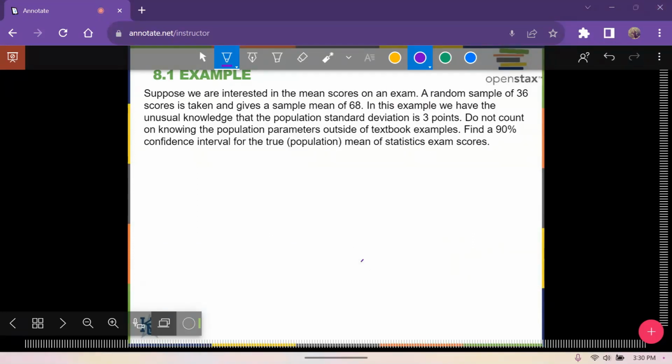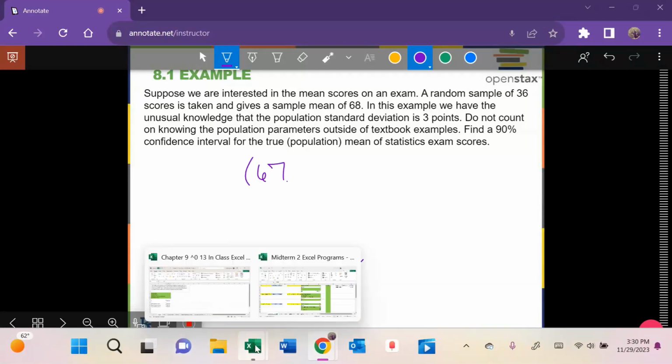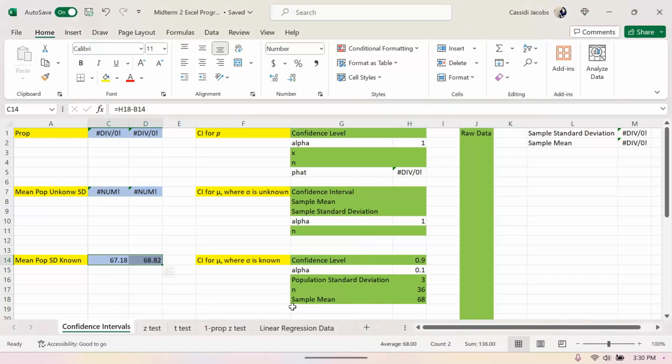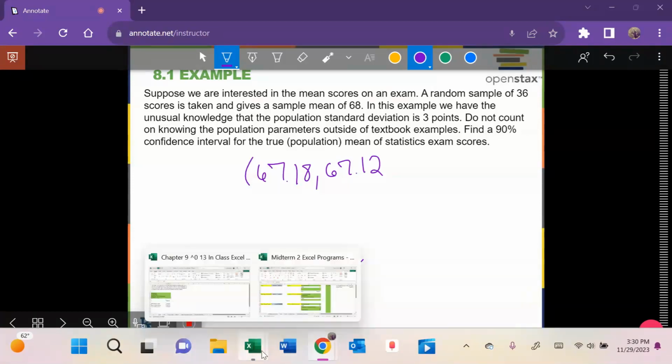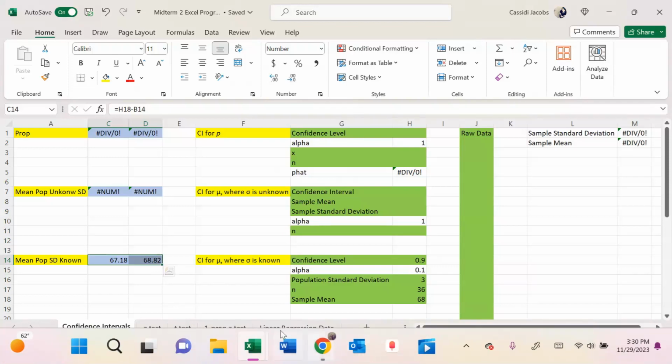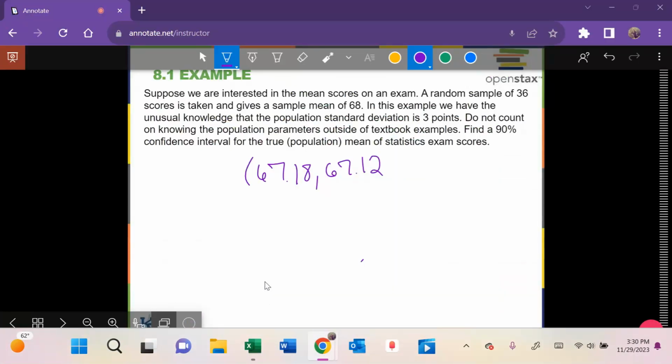So if we enter it as an interval, it would be 67.18 to 68.82. So that's one way to write the interval.